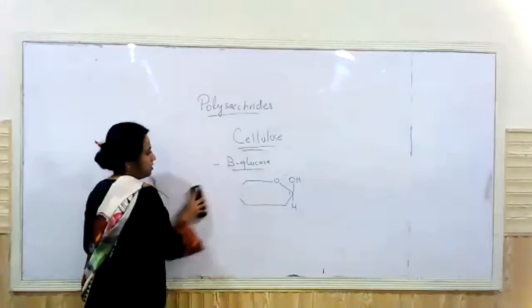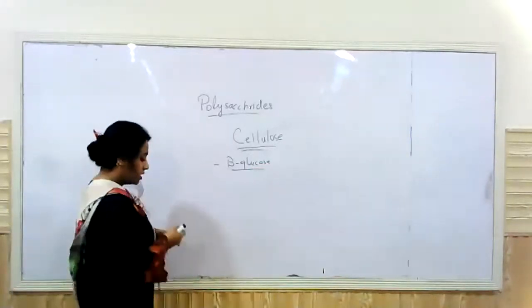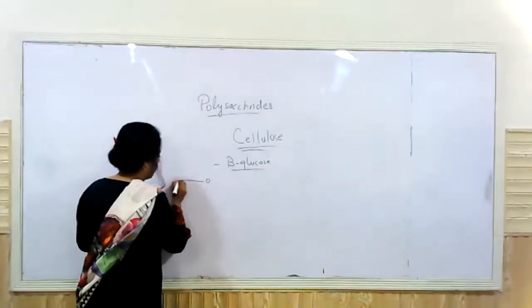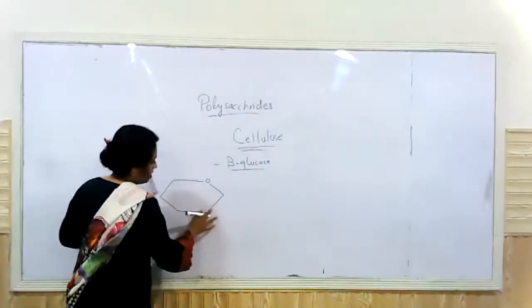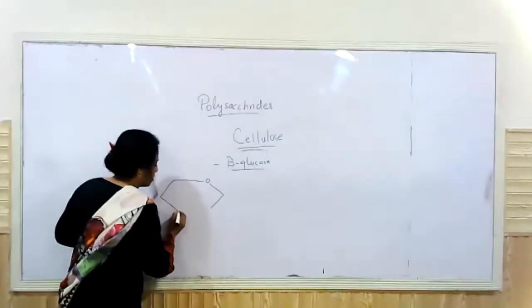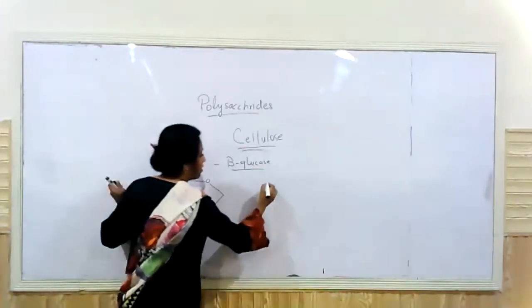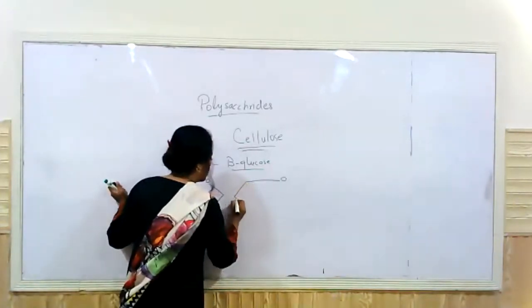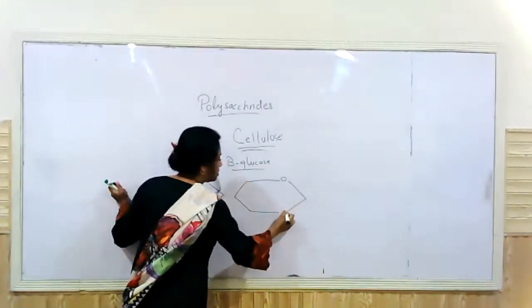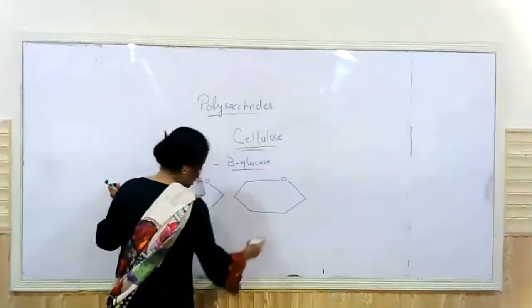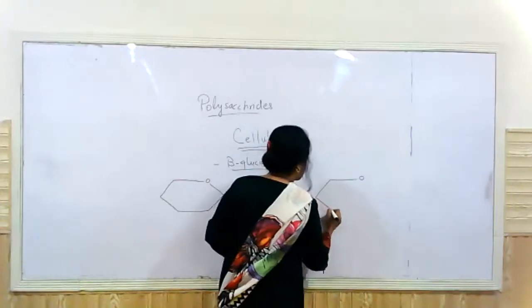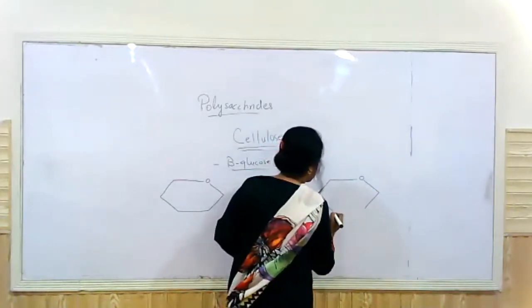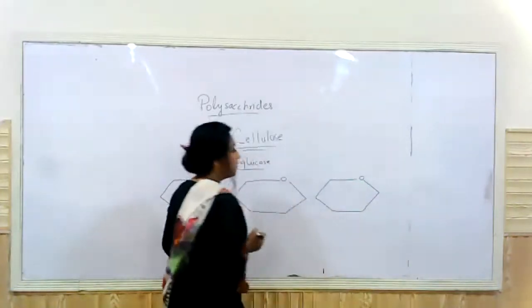So to begin with, I'm going to draw 3 beta glucose molecules, right? One and two and 3, right?